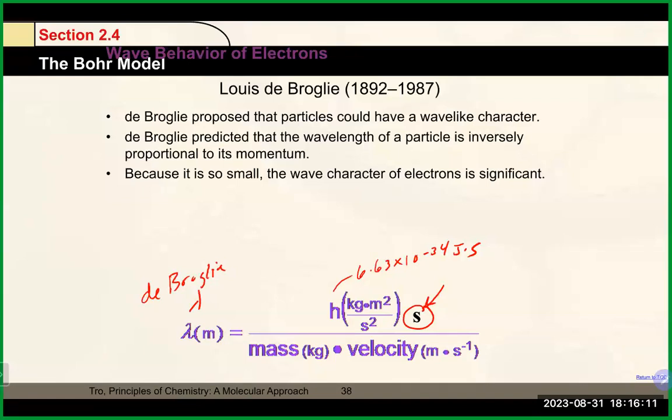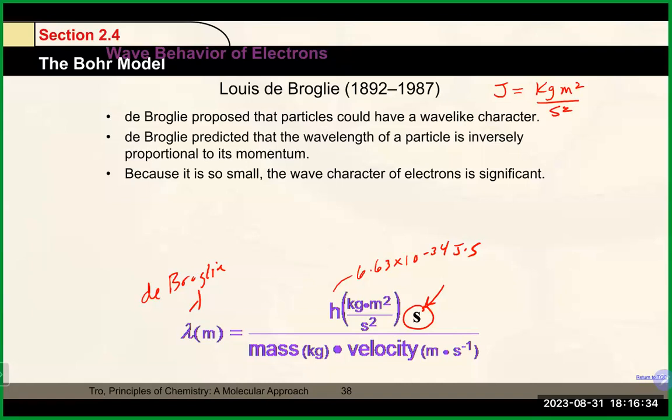Divided by the mass in kilograms times the velocity in meters per second. The relationship here is that a joule is a kilogram meter squared per second squared, which is another definition of a joule, a unit of energy.